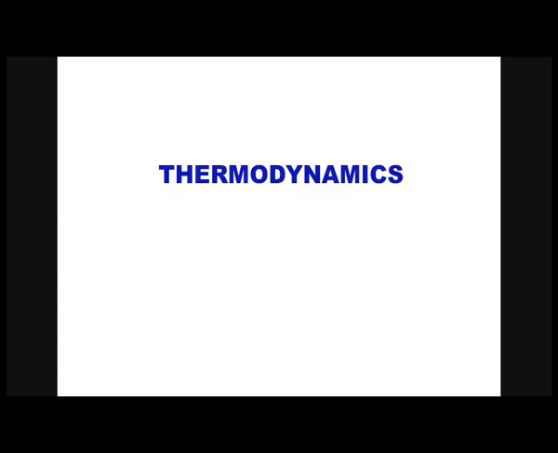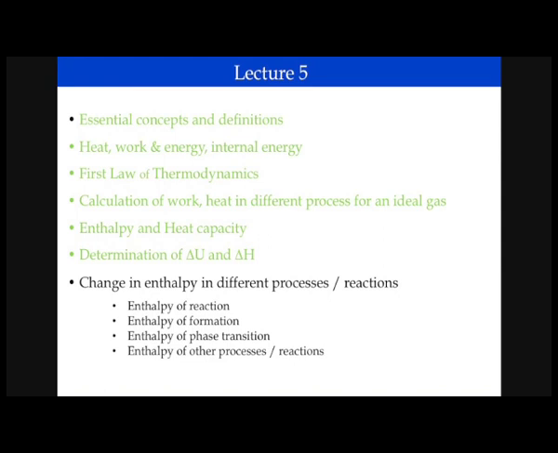Welcome back to this unit on thermodynamics, and this is lecture 5 in this unit. In the first 4 lectures we have gone through the introductory part, essential definitions, and heat, work and energy, internal energy. Then we talked about the first law of thermodynamics.